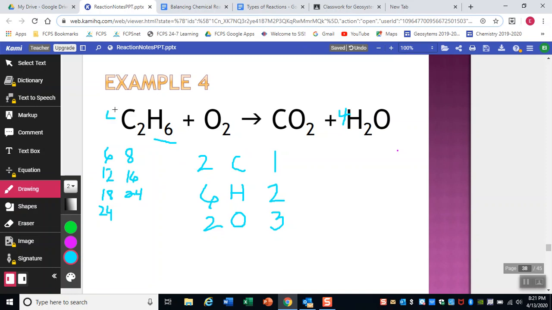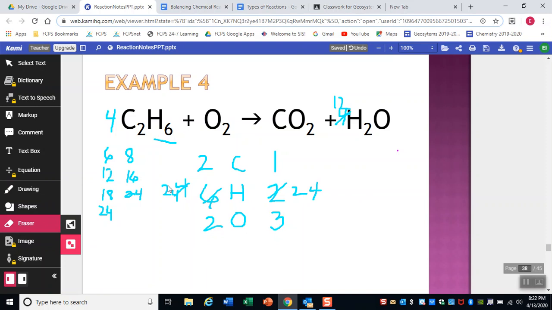So if I put a 4 here, right, that would be 24 hydrogens. 6 times 4 is 24. And then 2 times 12, right, would be 24. Oops, so I have 24. Erase that.